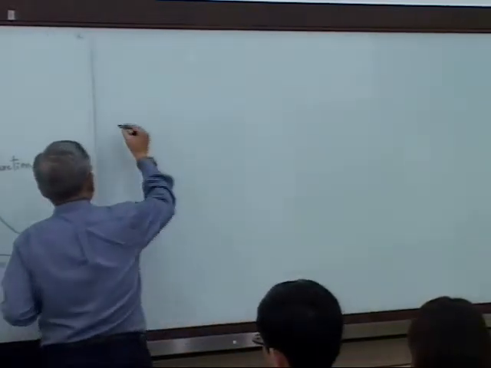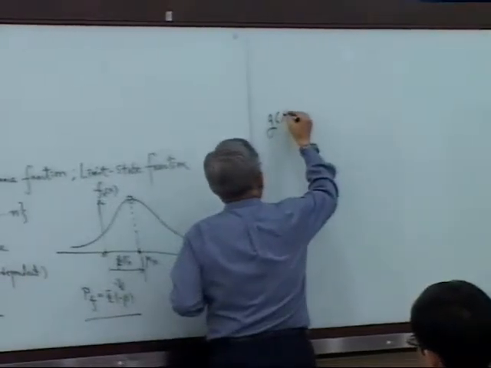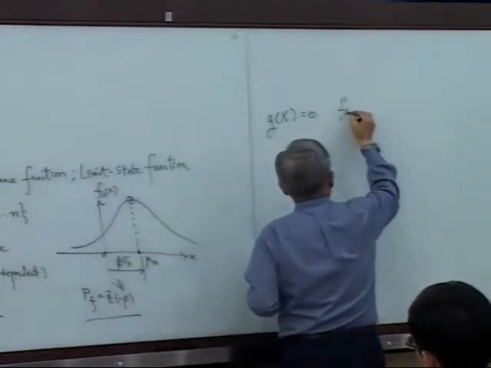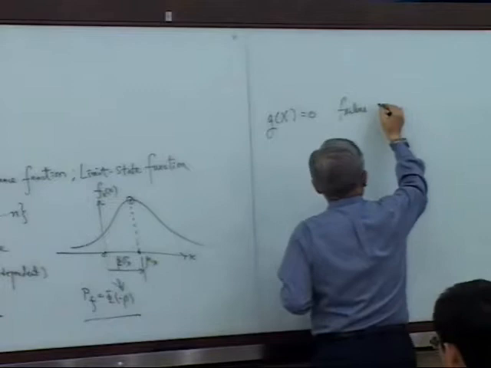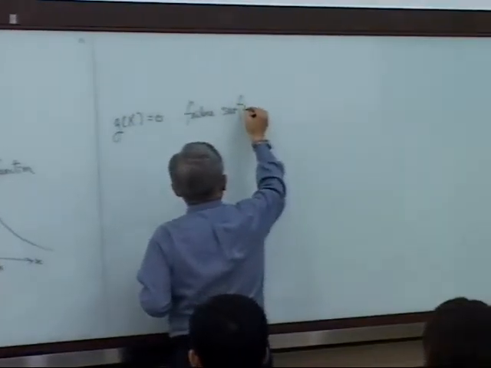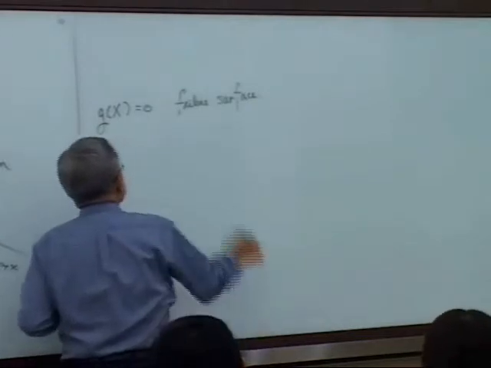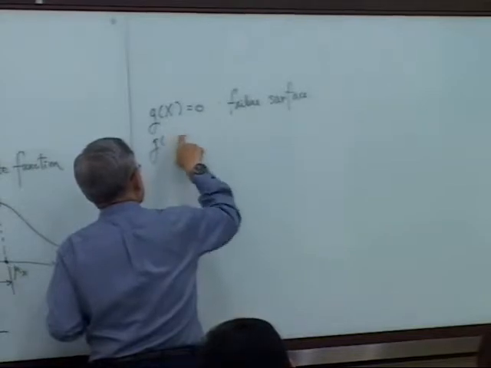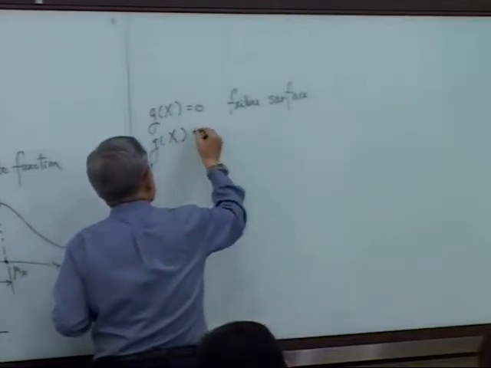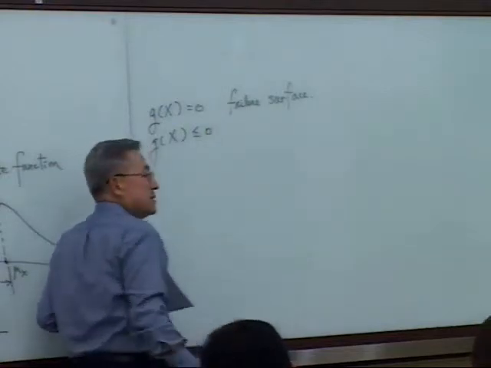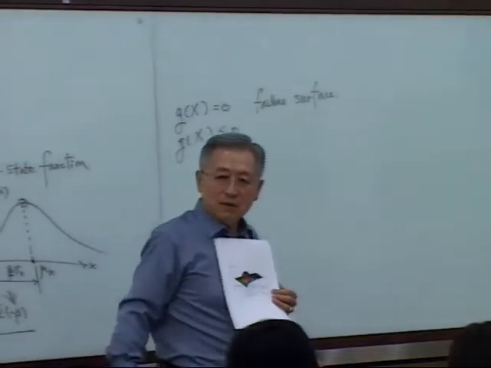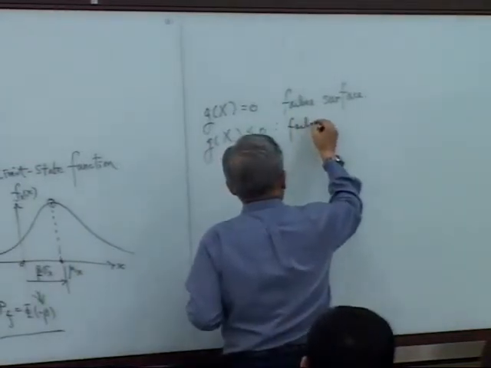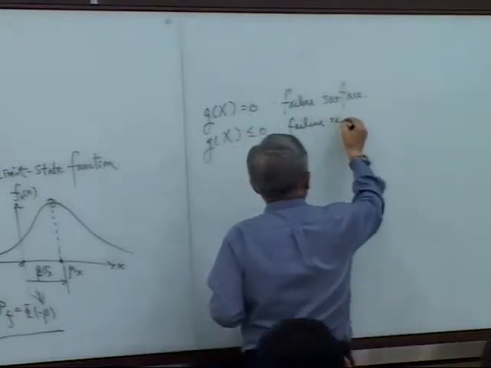So g(x) equal to 0 is really the failure surface. But for the integration, g less than or equal to 0 is the failure region.